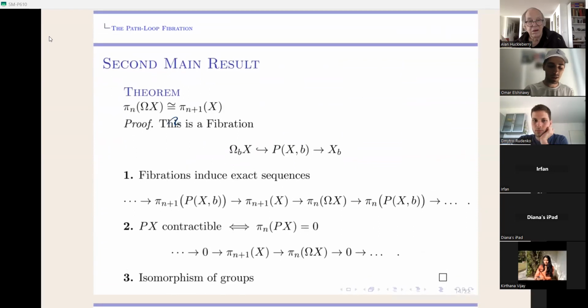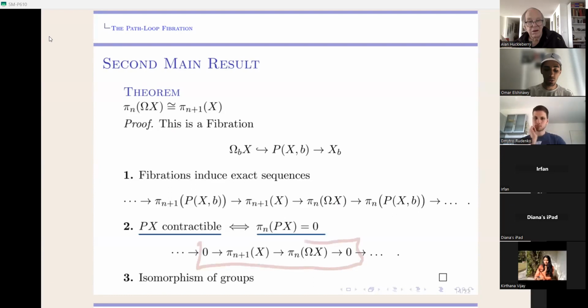So of course, assuming that this is a fibration, and one can show that this is a fibration, you have this induced exact sequence, and you use the fact that P of x is contractible, and then you use the fact that pi n of the path space is 0, and then you get the exact same setup.